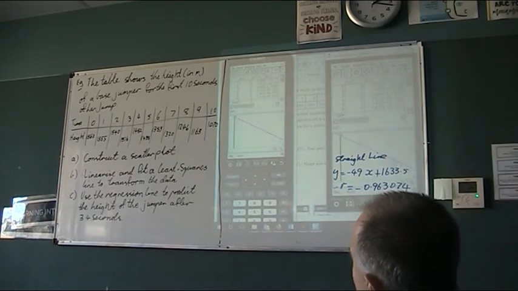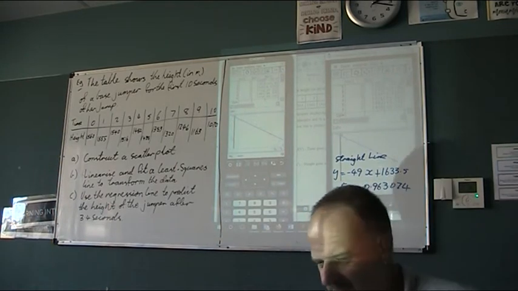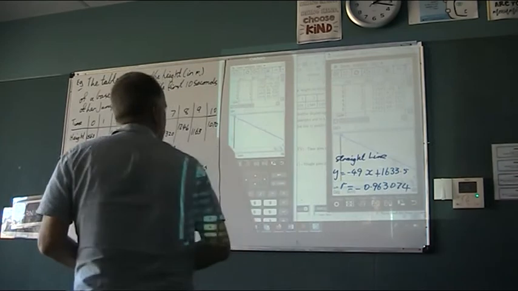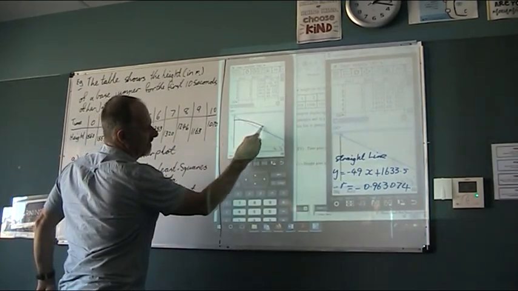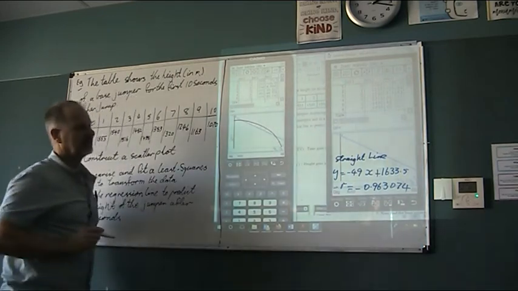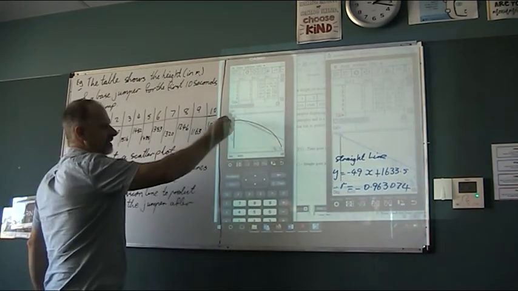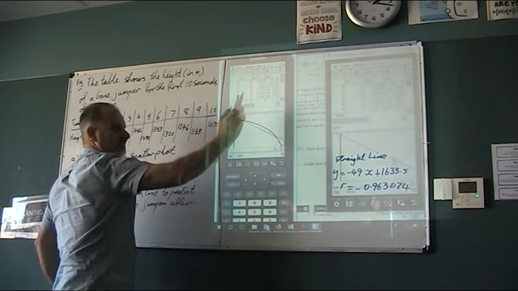All right, this was our first one that we looked at. So we'll look at the curve. It's kind of curving around like this. So if we've got our circle coming around, it's that top right-hand corner.